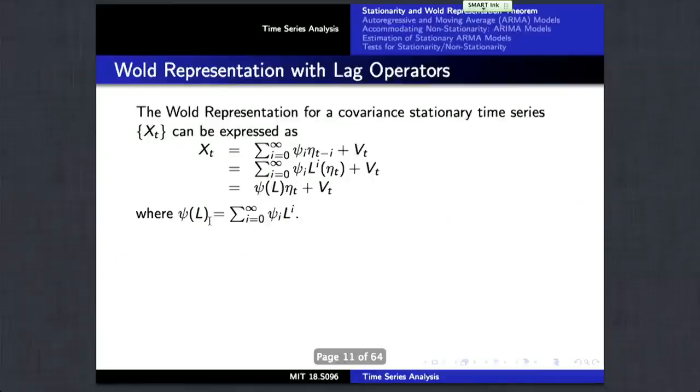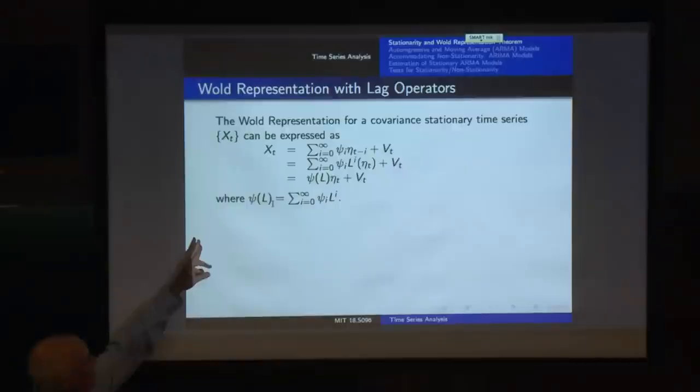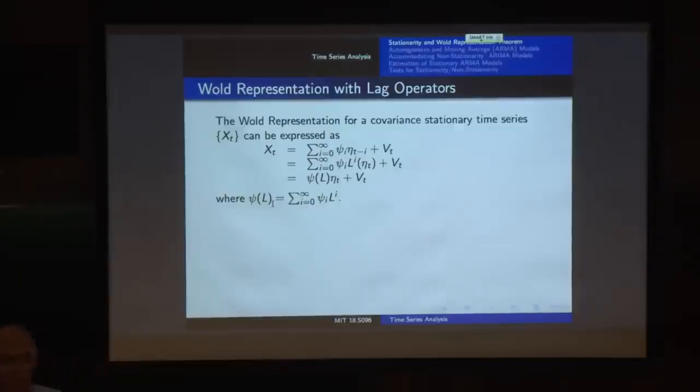So we can represent the Wold representation in terms of these lag operators by saying that our stochastic process xt is equal to Vt plus this psi of L function, basically a functional of the lag operator, which is a potentially infinite order polynomial of the lags.